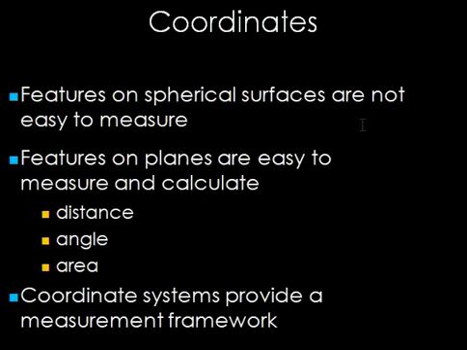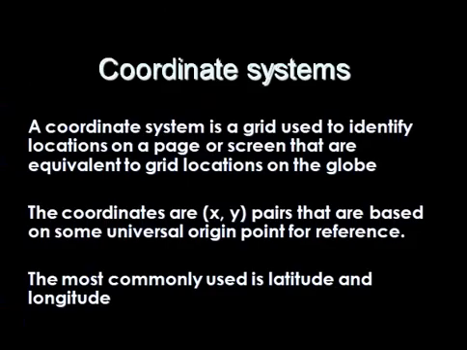Features on spherical surfaces are not easy to measure. Features on planes are easy to measure and calculate with respect to distance, angle and area. So coordinate systems provide a measurement framework. A coordinate system is a grid used to identify locations on a page or screen that are equivalent to grid locations on the globe.